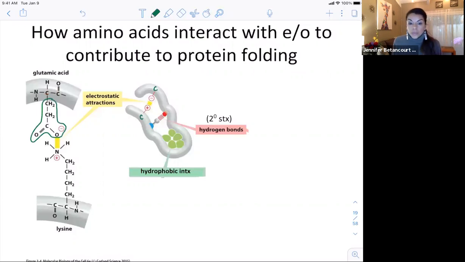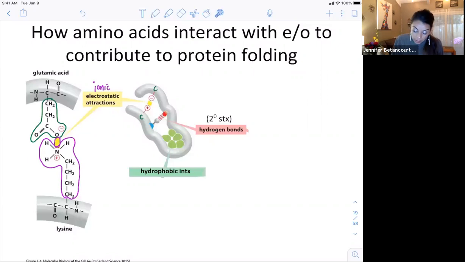Okay, and it is attracted to a basic side chain. So here's the side chain of the other amino acid. Again, the gray is just highlighting the backbone, so the alpha carbon, the amino, and the carboxyl group. And so you can see here that there is an electrostatic or ionic interaction.